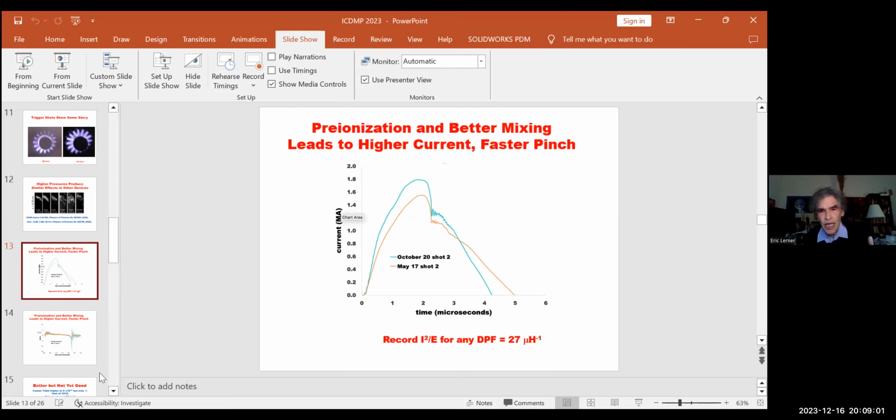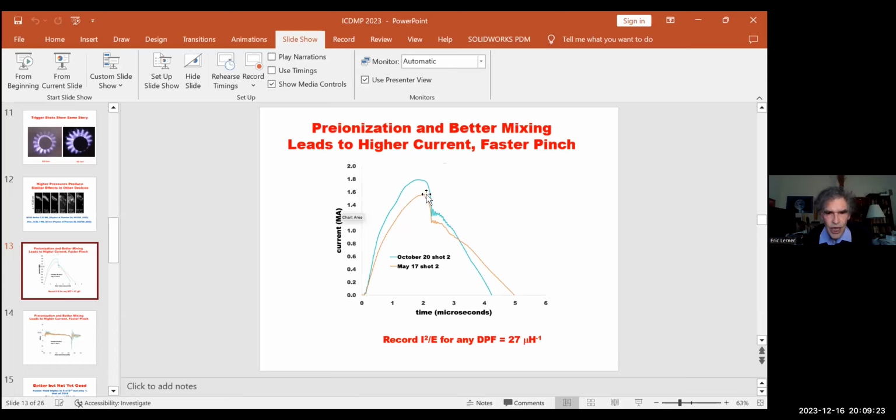So by simply changing our mixing approach, we got an even mix of the deuterium and the nitrogen. In addition, we turned on the low current pre-ionization. This is tens of microamps, and we were able to get a better breakdown.